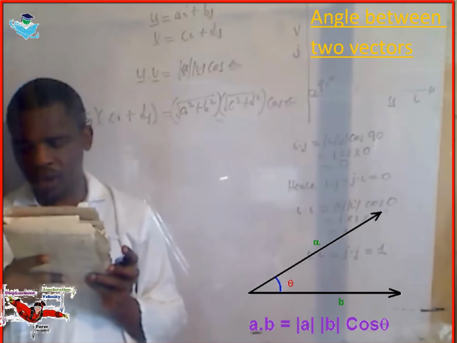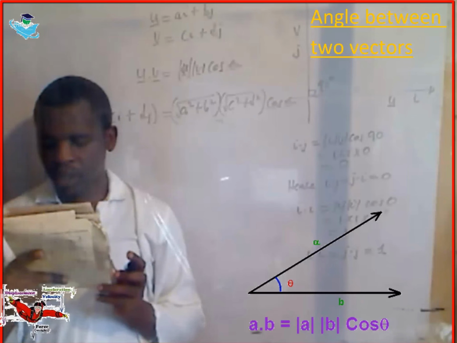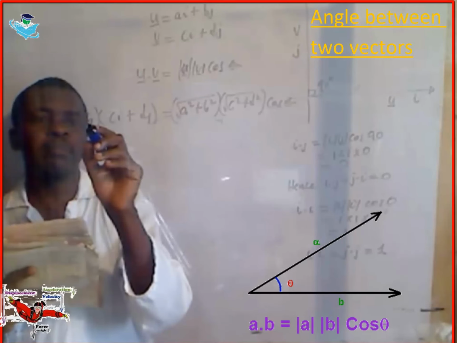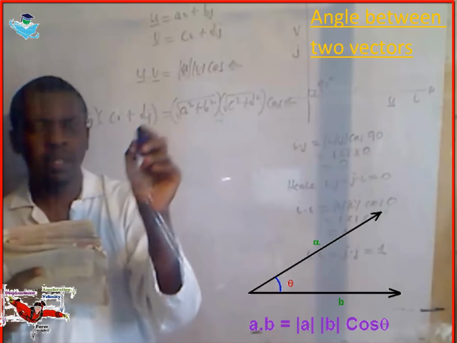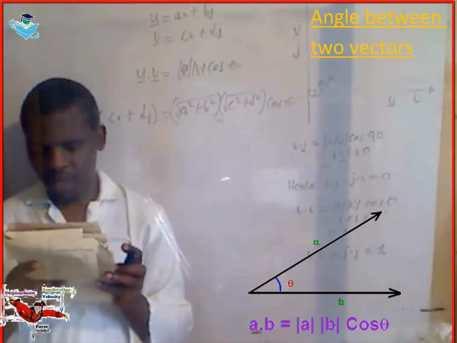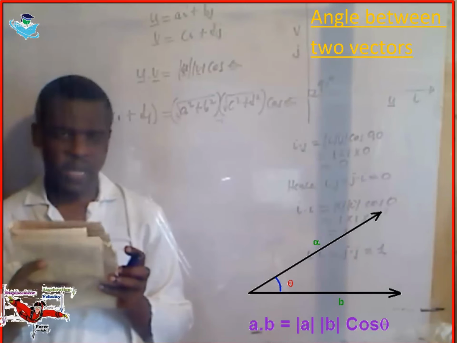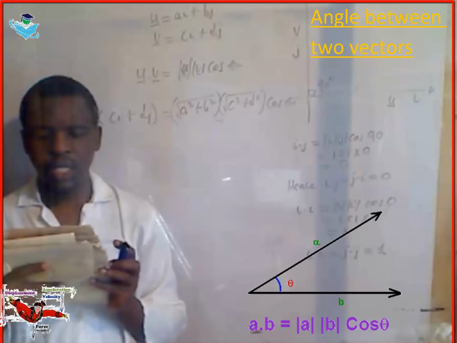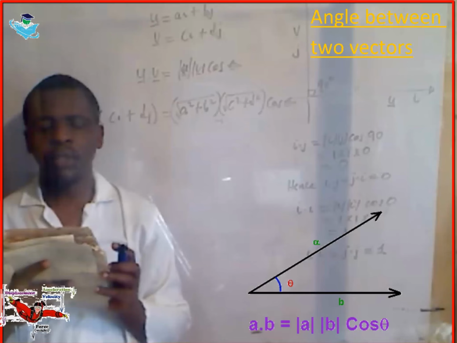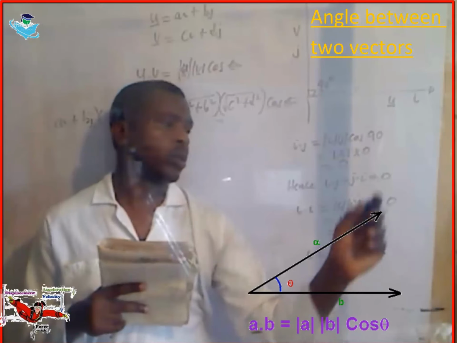Hence, the product of ai plus bj times ci plus dj is obtained from simple algebraic procedure, taking cognizance of i dot i and j dot j equal to 1, and i dot j and j dot i equal to 0.